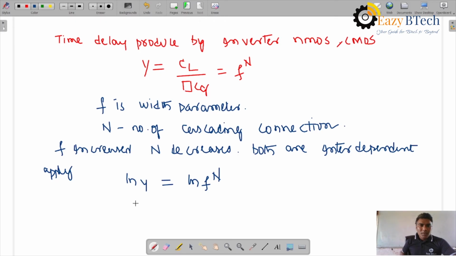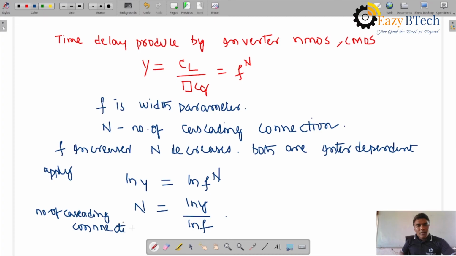So from this, the number of cascading connections n is equal to ln y by ln f, where y is the total time delay produced, for both NMOS and CMOS, f power n.